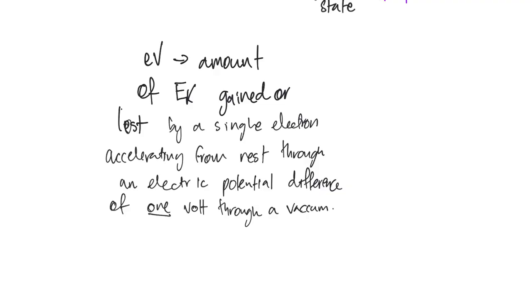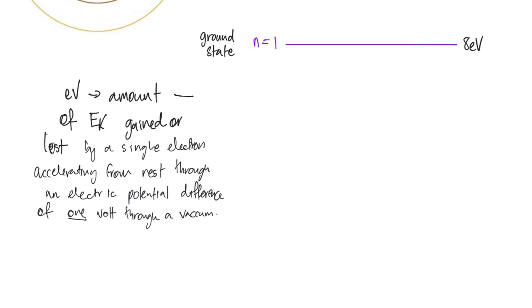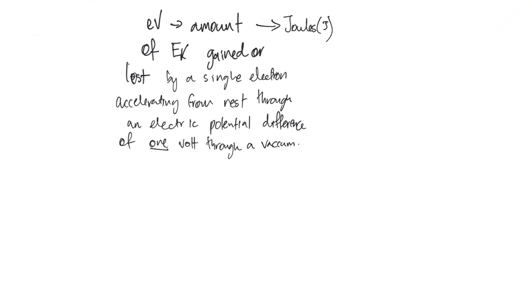Now electron volts, because it's the amount of kinetic energy, it is measured in joules, the J there. And what we're saying is that 1 electron volt is equal to 1.6 times 10 to the power of negative 19 joules, which is the charge of an electron.